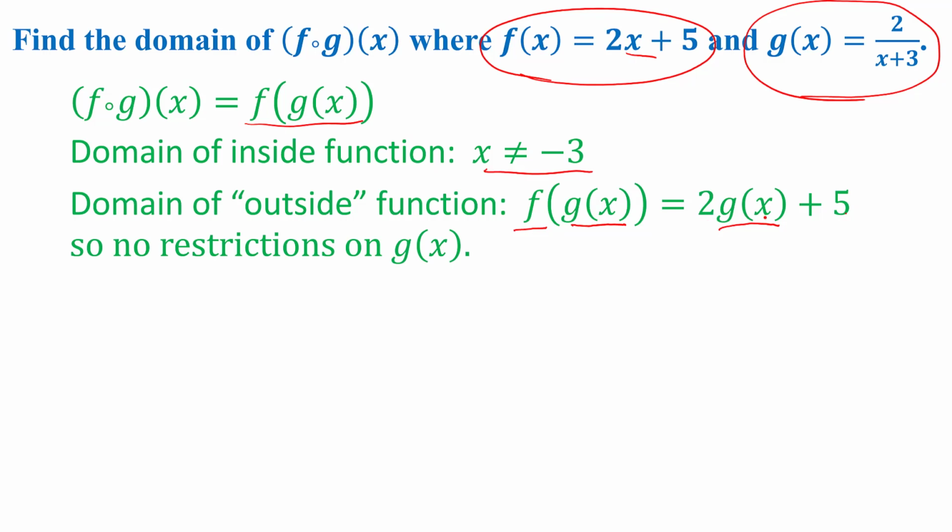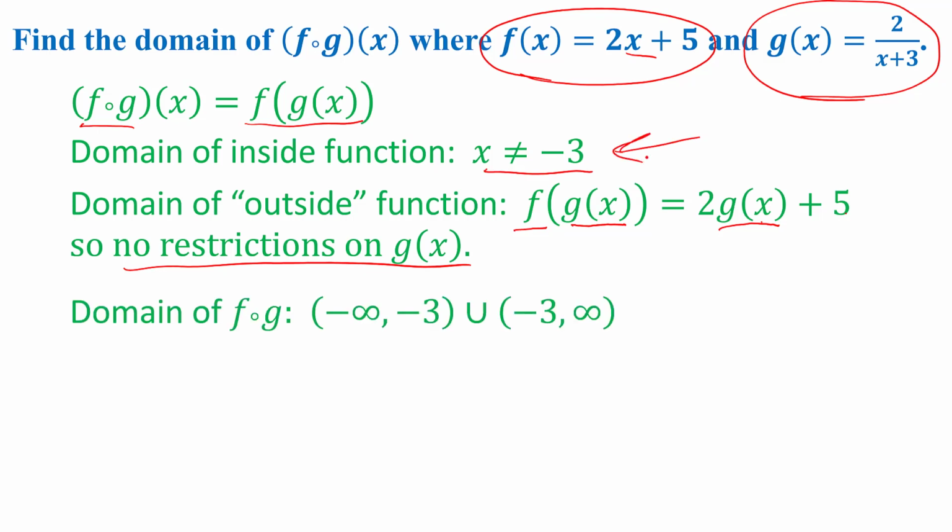So we have 2 times any real number plus 5. There are no restrictions on what we can put in for g of x. Our only restriction for the domain of f composed with g is that x cannot be equal to negative 3. And so our domain of f composed with g is negative infinity to negative 3, union negative 3 to infinity.